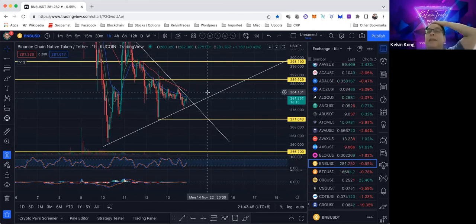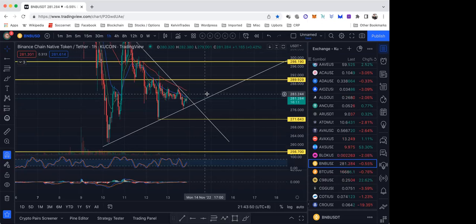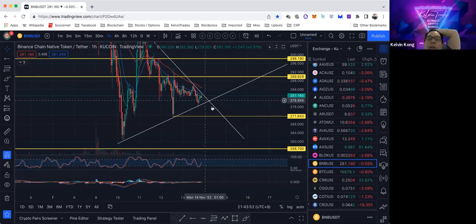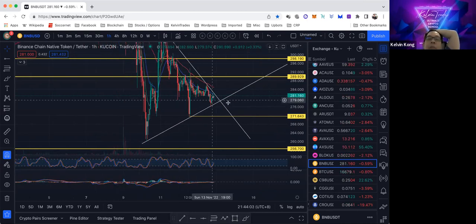If you can't, then you just take a risk, place limit orders with a stop loss, right? And then hope that you're right, the price goes back up.